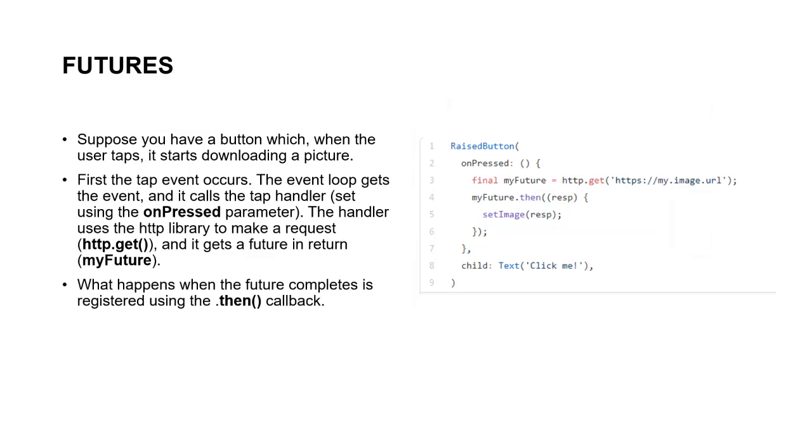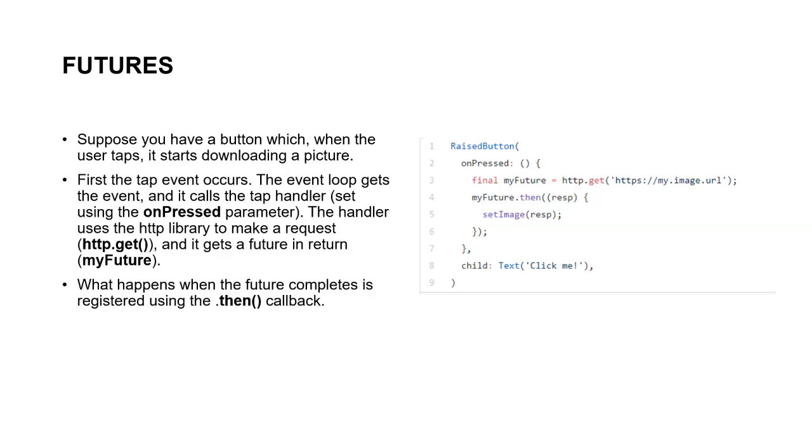So let's elaborate on our future further, and I have a code snippet here, mostly picked from our Flutter code. We all know of a raised button. So suppose you have a button which, when you tap it, starts downloading a picture, mostly through a network call or whatever. First, the tap event occurs. Remember the event loop, which handles events as they come into the queue.